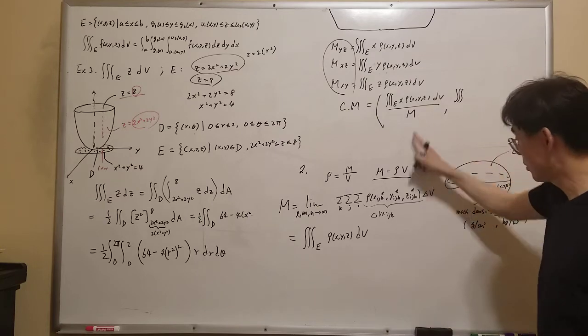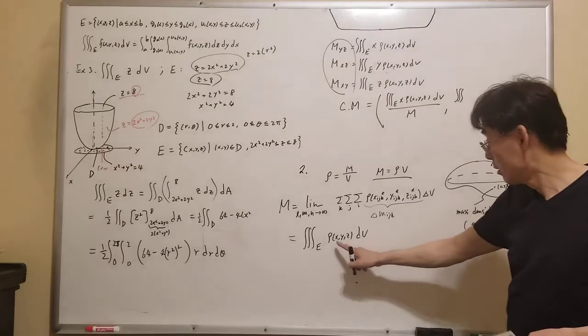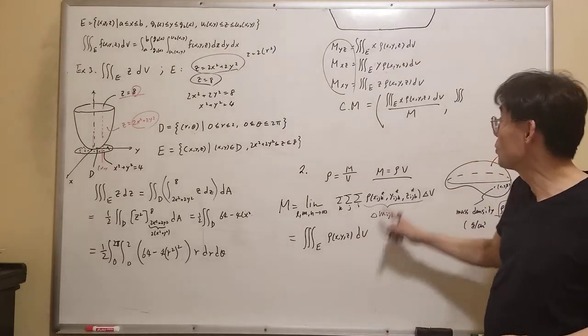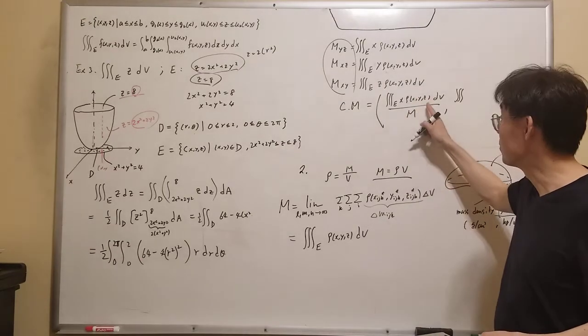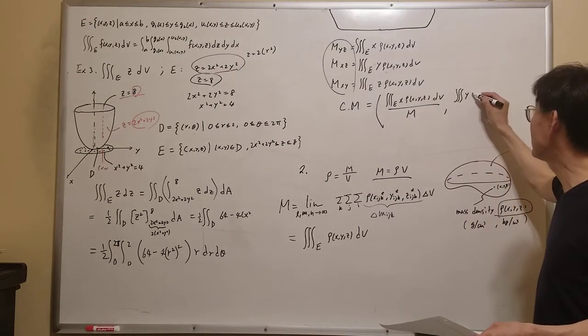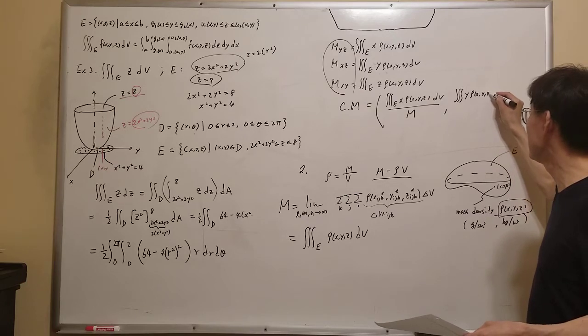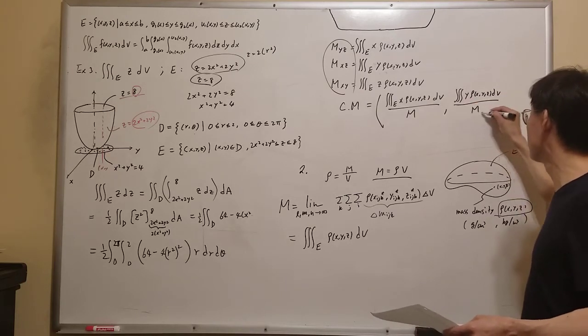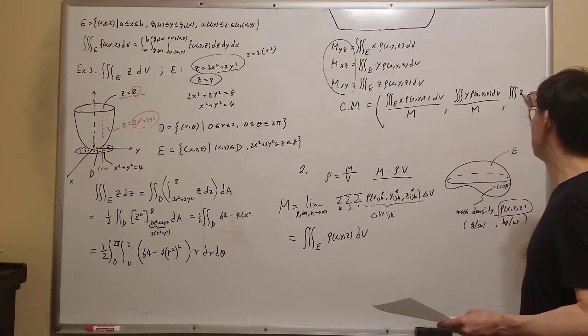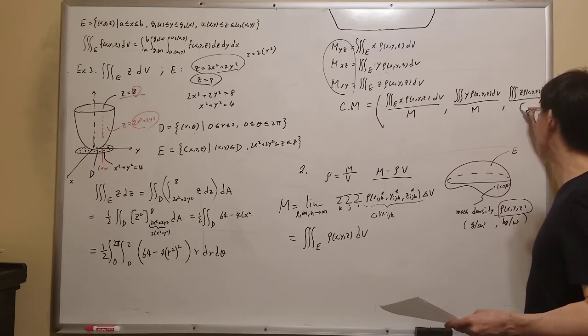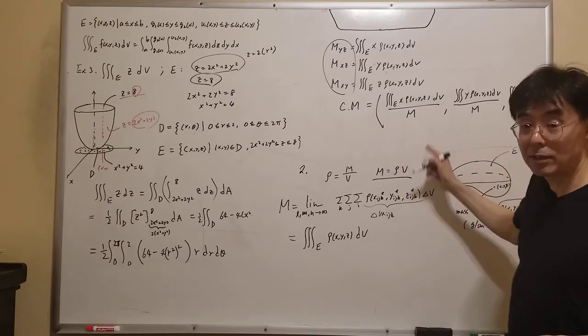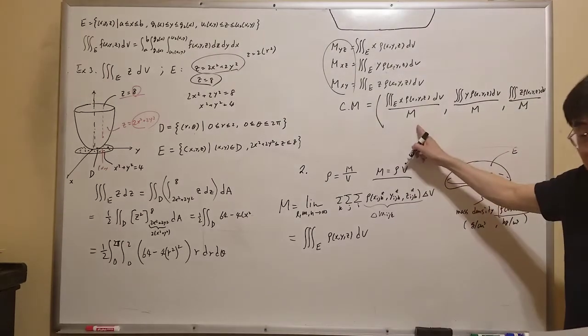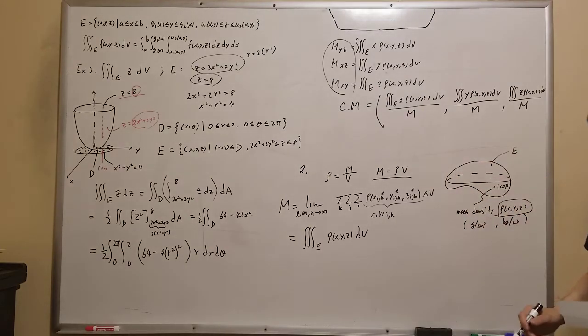This is just the triple integral of rho of x, y, z, which is M. This one is the triple integral of x times rho of x, y, z over M. This time, the triple integral of y times rho of x, y, z over M. Finally, the triple integral of z times rho of x, y, z over M. Okay, that would be the center of mass. Sometimes we write x bar, y bar, z bar.